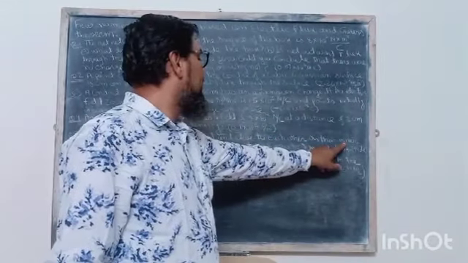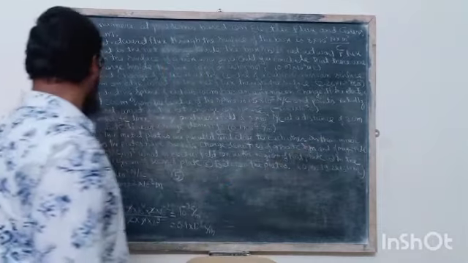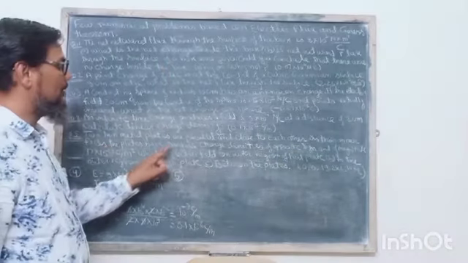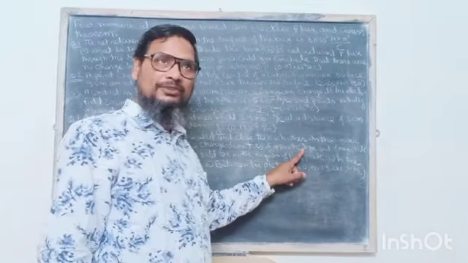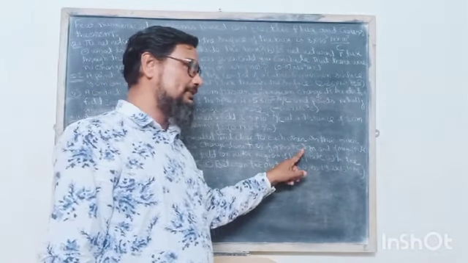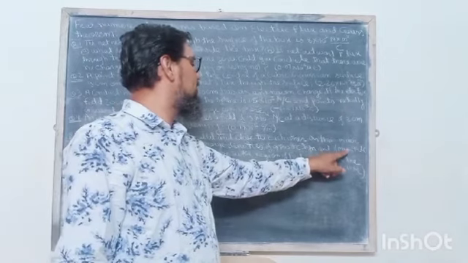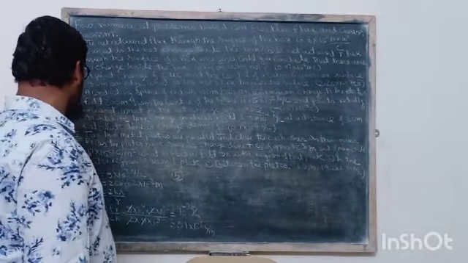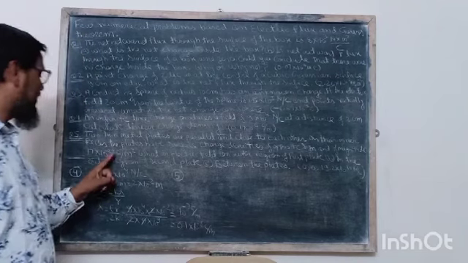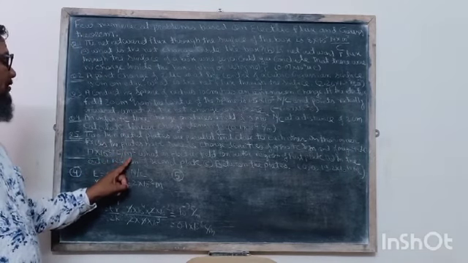On their inner faces, the plates have surface charge densities of opposite sign, meaning one plate is charged with positive sign and the other one with negative sign, and the magnitude is 17 into 10 raised to the power minus 22 coulomb per meter square.